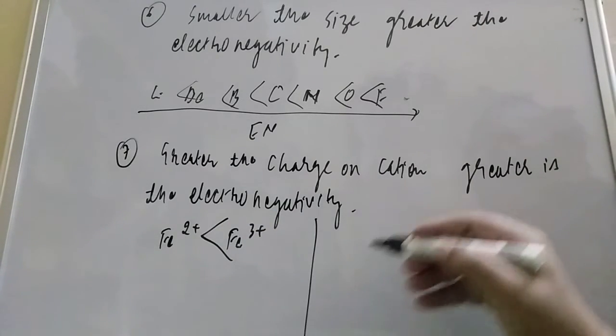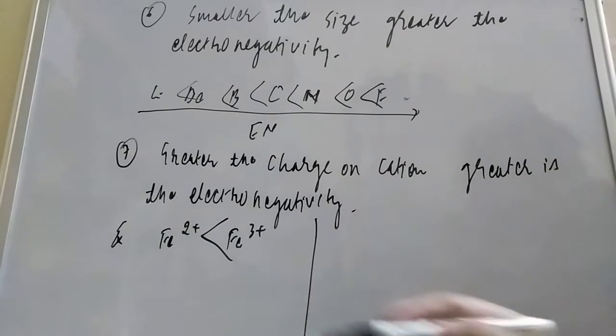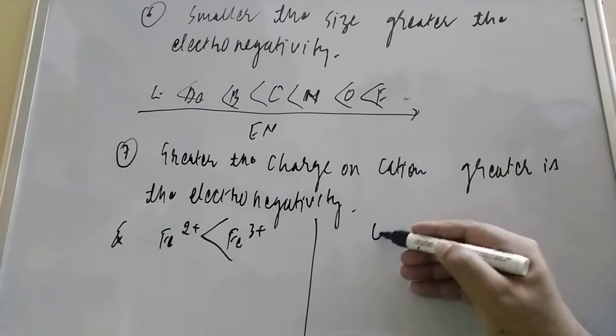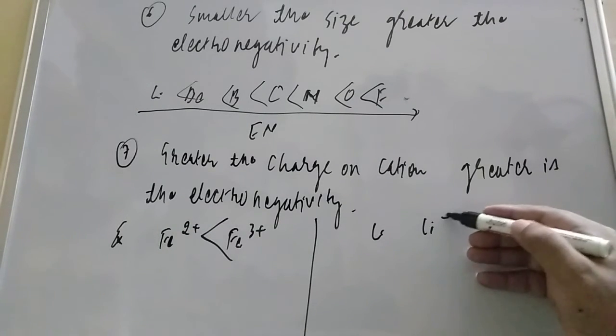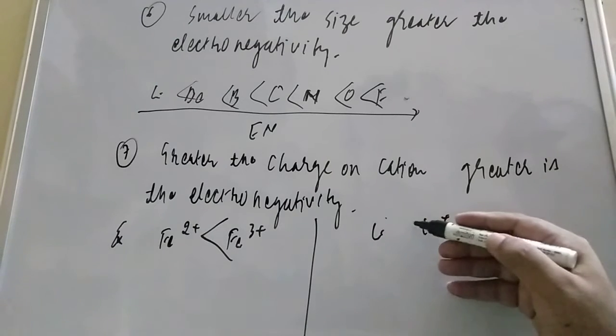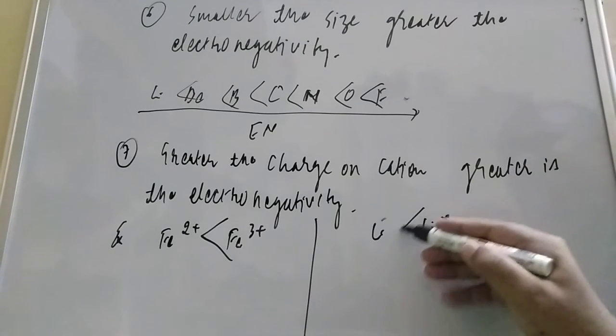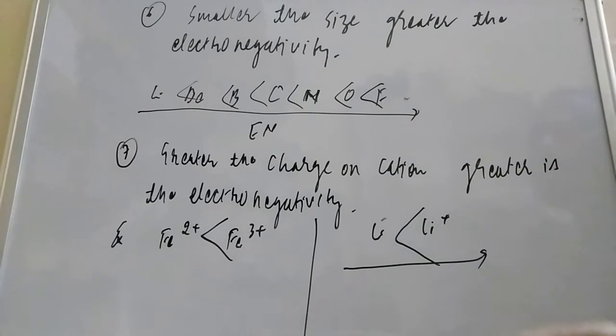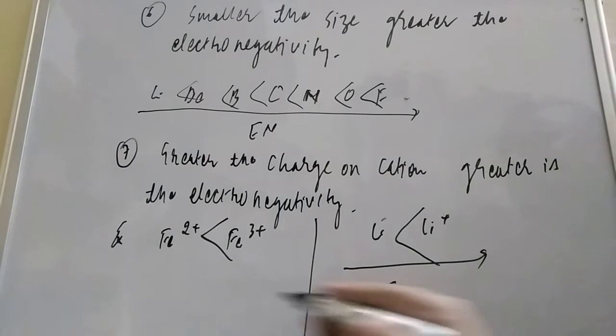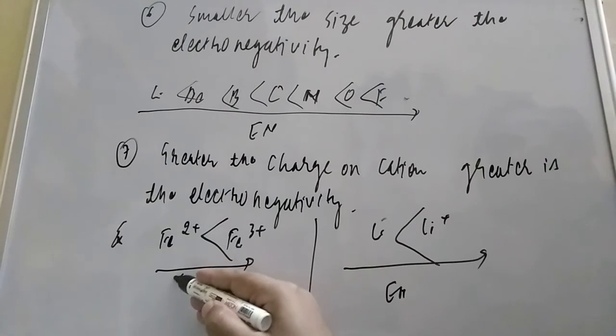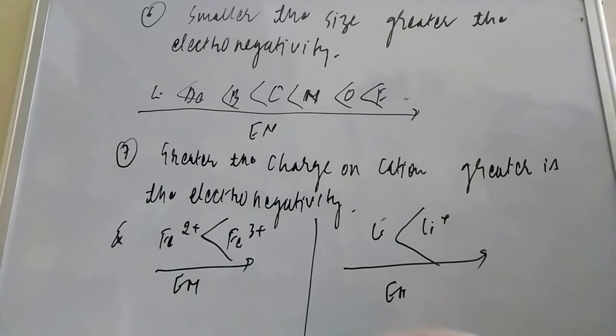Another example: lithium and lithium plus. Lithium has zero charge, and here it is plus 1. So the order of electronegativity will be like this.